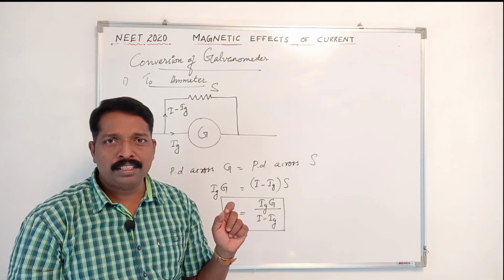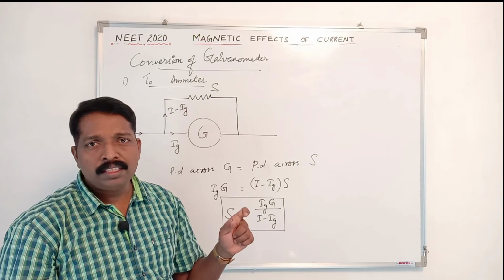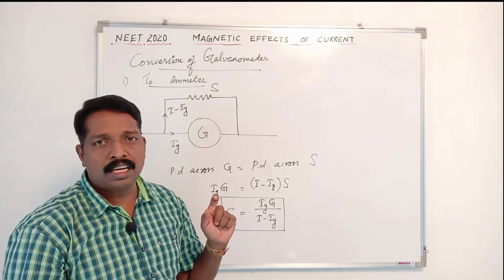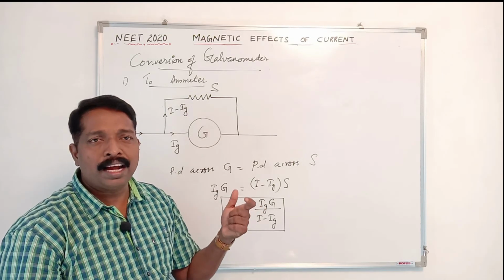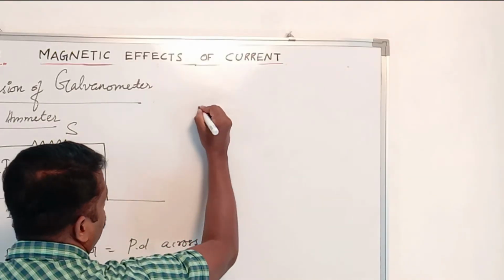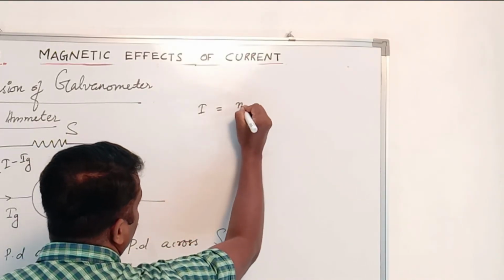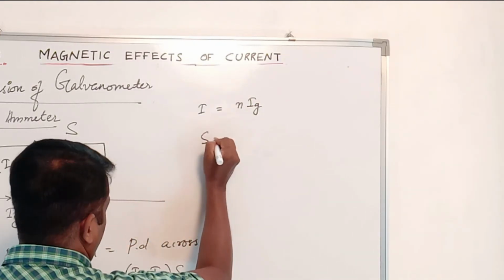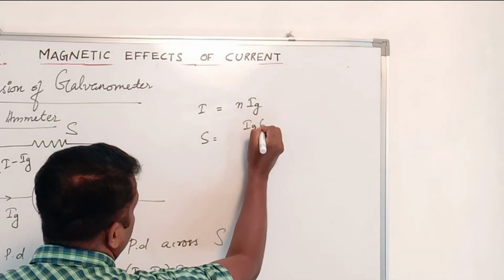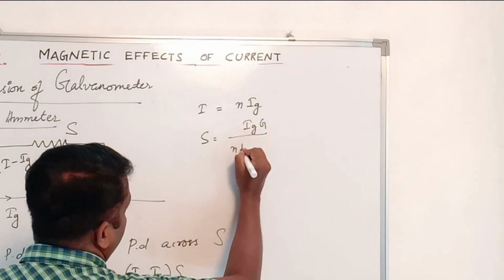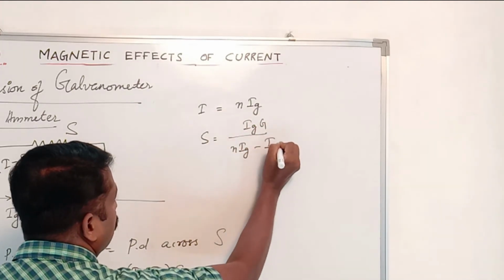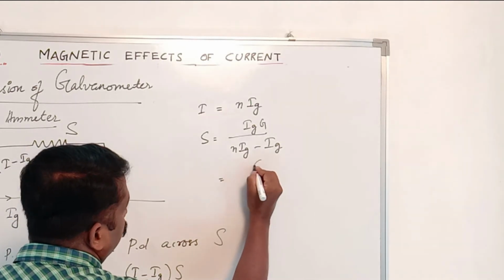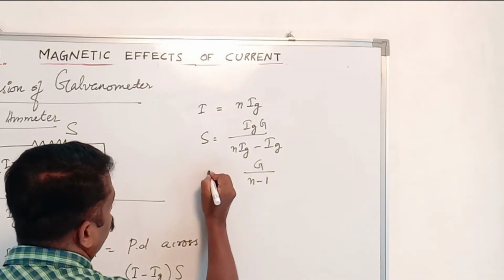If a galvanometer is converted to ammeter so as to measure a current n times that of Ig, then we can substitute I is equal to n times Ig. Then S is equal to IgG divided by n Ig minus Ig, that's equal to G by n minus 1.